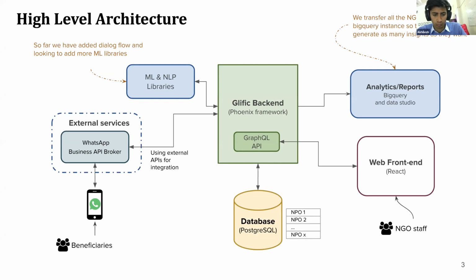This is the main architecture of Glyphic, where I put the Glyphic backend in the center, and it implements the GraphQL API. Everything in Glyphic, we try to have as a GraphQL API with all the functionality we have in the Glyphic backend, and the Glyphic front end uses all those GraphQL APIs.